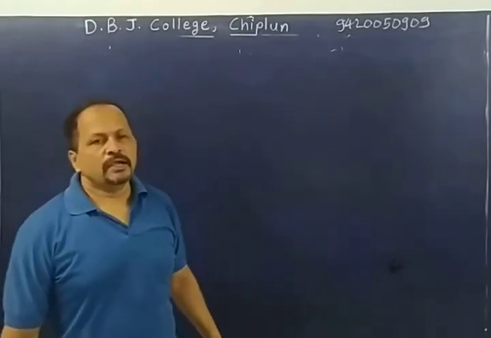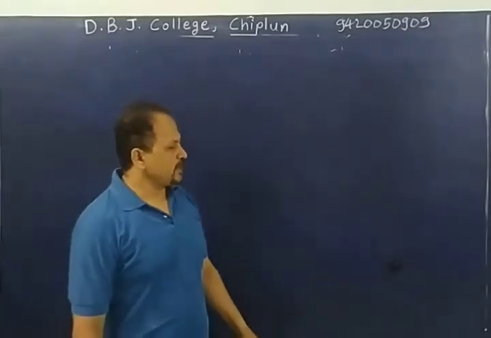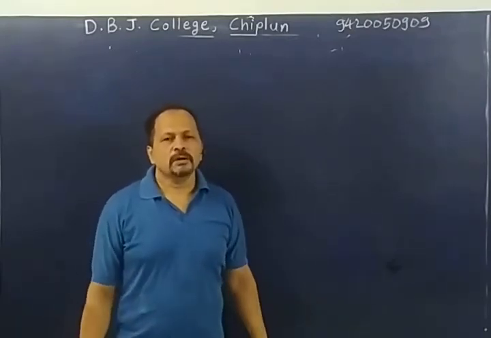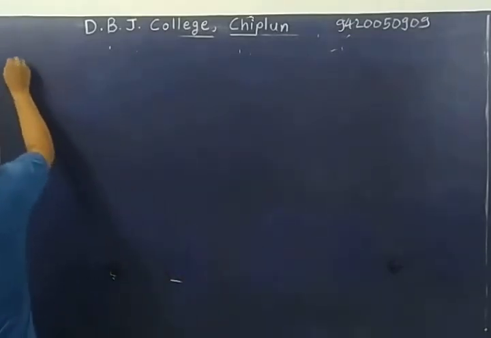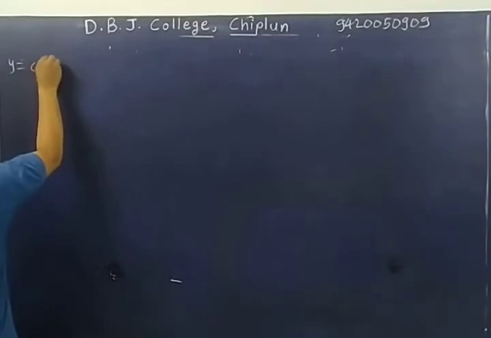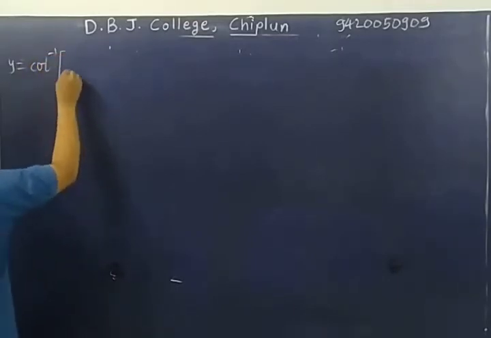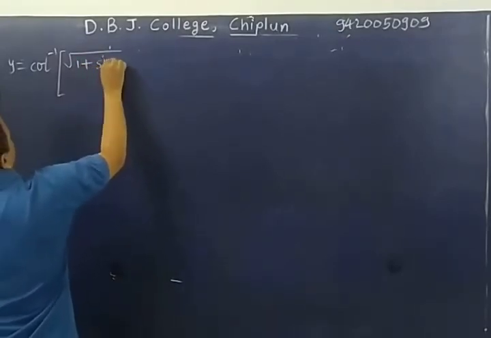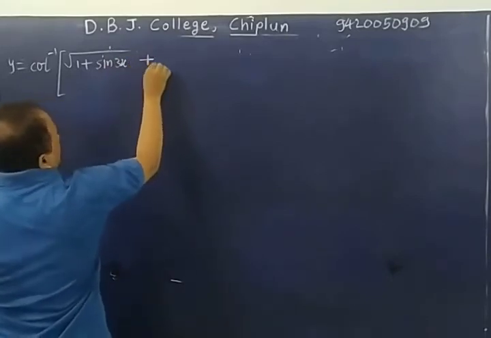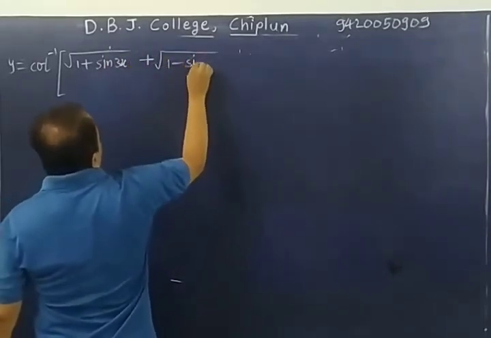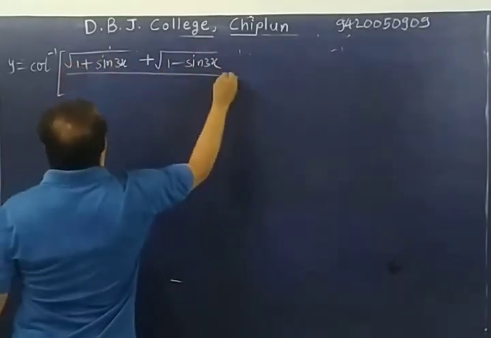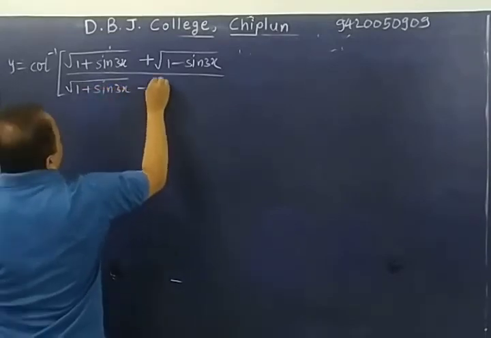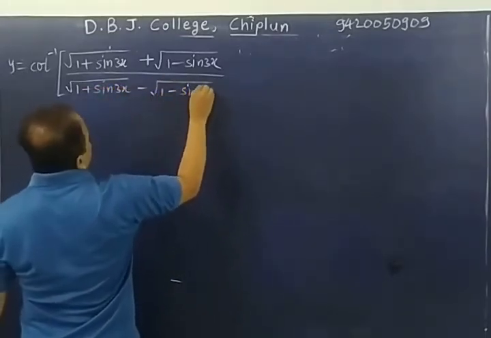Now I'll take a little complicated problem. In that complicated problem the procedure is almost similar, but the problem looks a big one. Y is equal to cot inverse of bracket under root 1 plus sin 3x plus under root 1 minus sin 3x divided by under root 1 plus sin 3x minus under root 1 minus sin 3x.